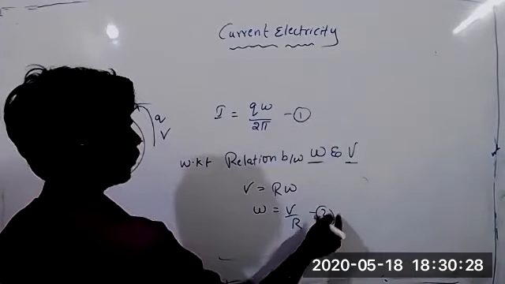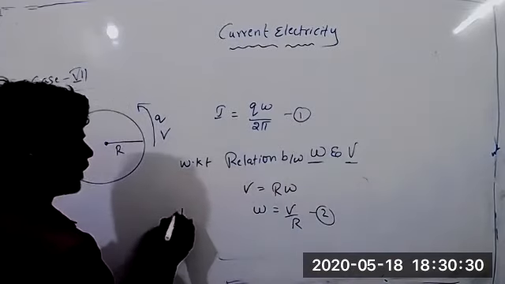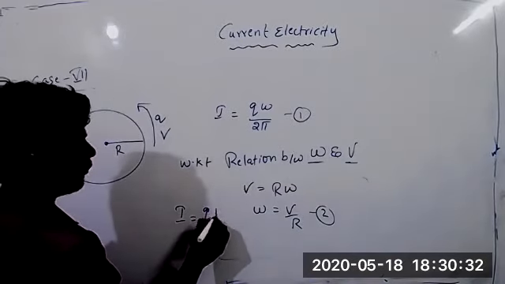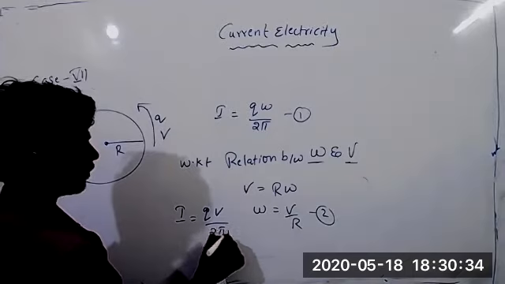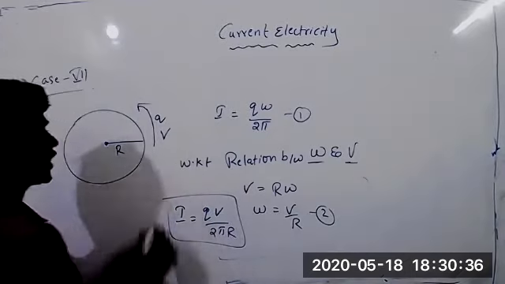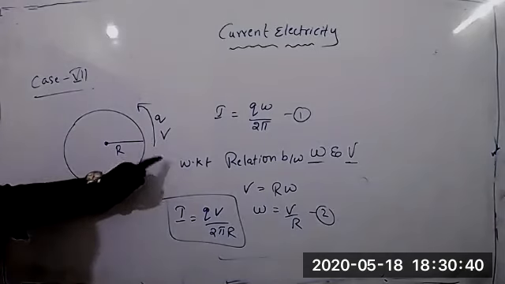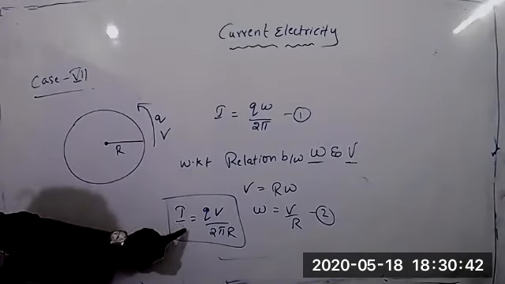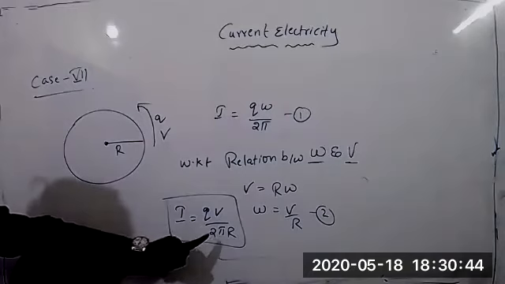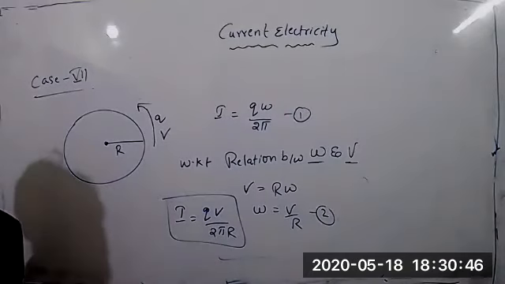If you substitute 2 in equation 1, you will get current I is equal to qv by 2 pi r. If they have given radius and linear velocity, then to calculate current, I is equal to qv by 2 pi r.